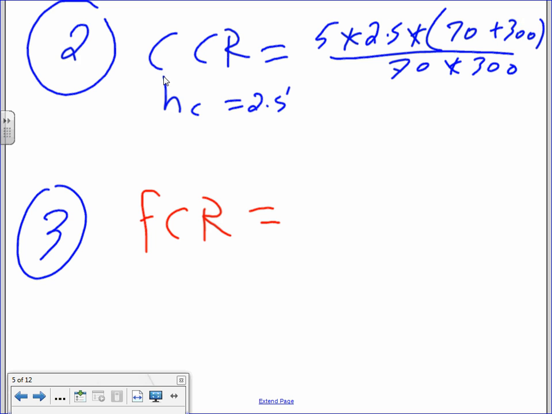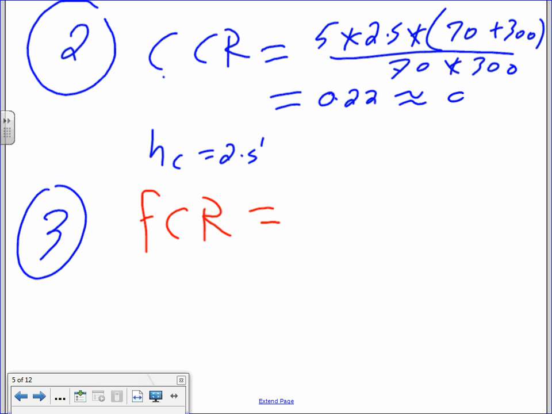Let me put the height somewhere. So I'm going to put the H ceiling equal 2.5 feet here. Then if you do all the math for this, 0.22, and that approximates to big fat fluffy 0. So again, for tomorrow if you just put 0.22, that's good enough for me. That's your ceiling cavity ratio. Makes sense? Yes, no?